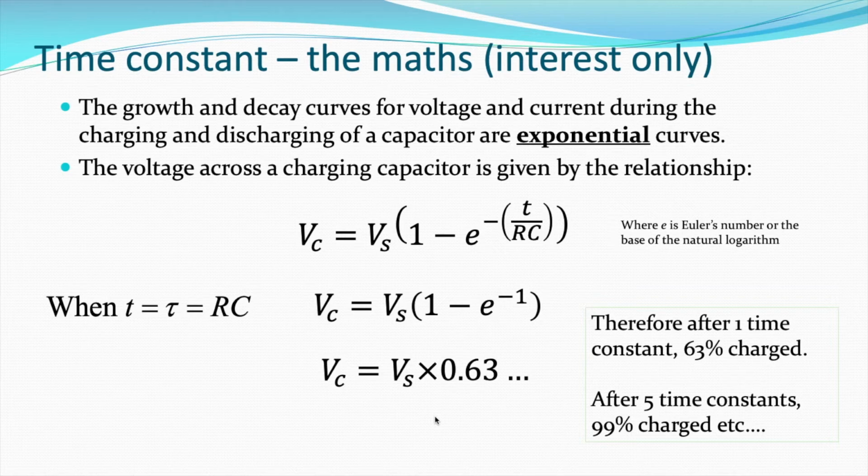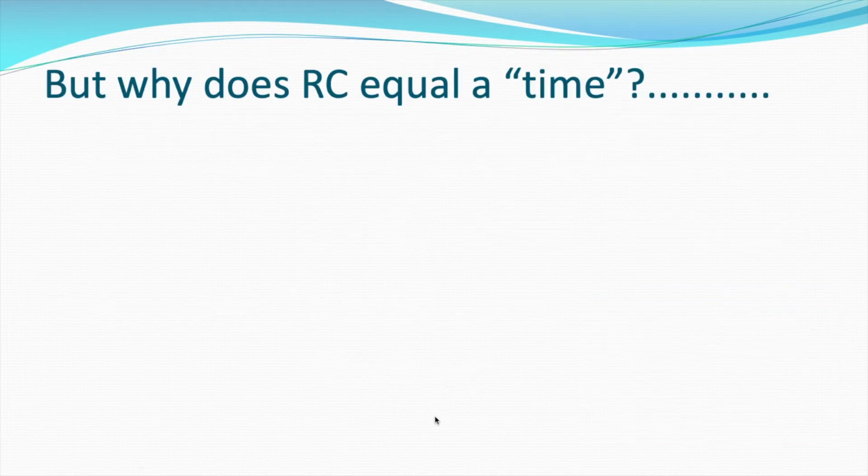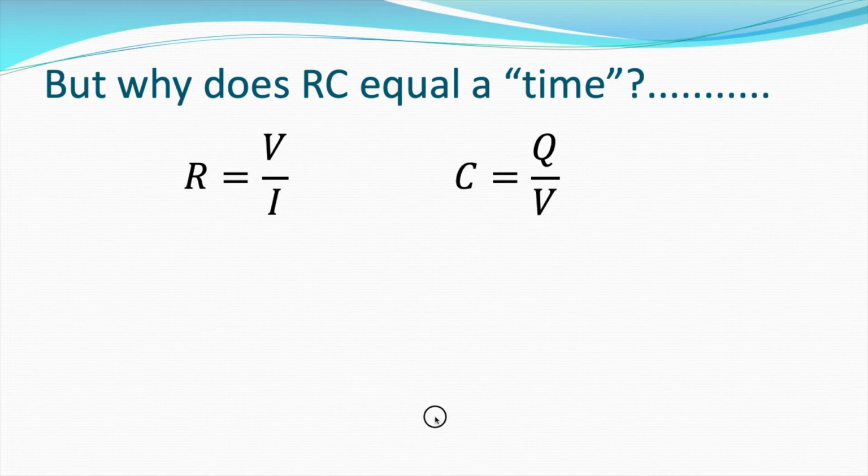Now you might be thinking, hold on, if we multiply a resistance times a capacitance, how do we get a time? Well, let's think about the units here. R equals V over I, that's Ohm's law. And our definition of capacitance, C equals Q over V, it's the amount of charge it can hold per volt. Let's think about the units of them and then multiply them together.